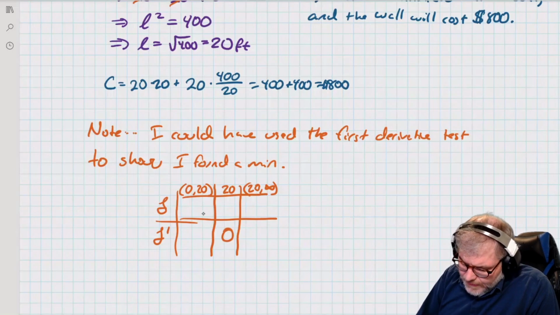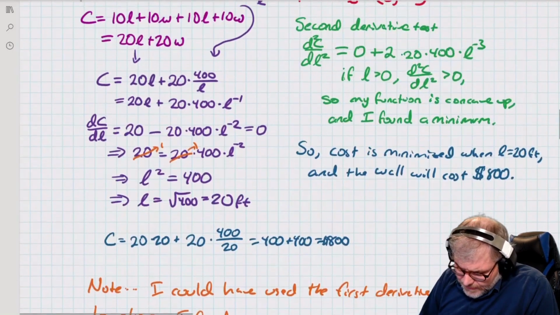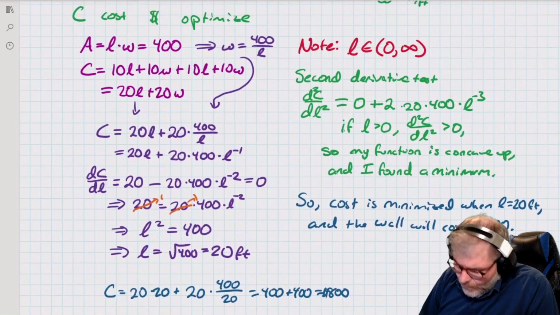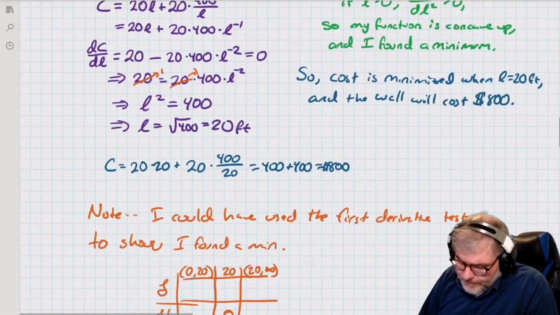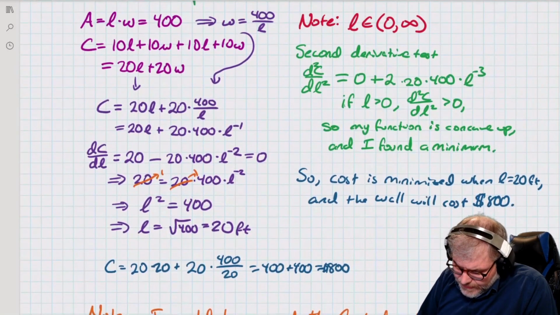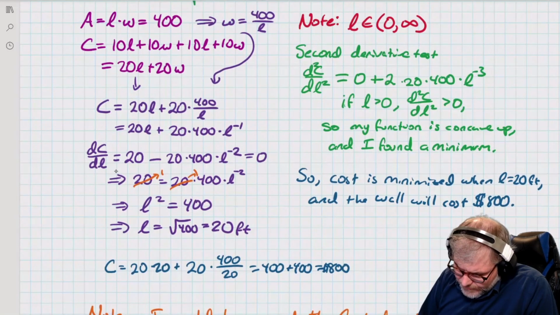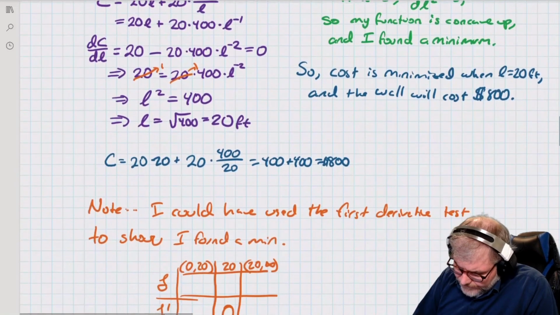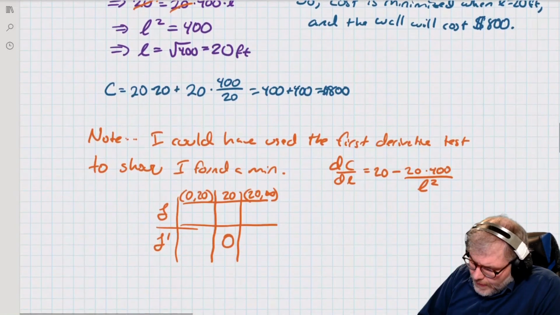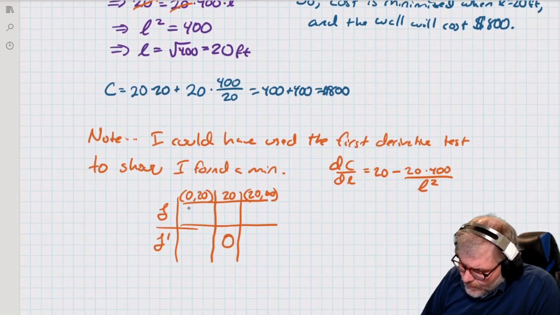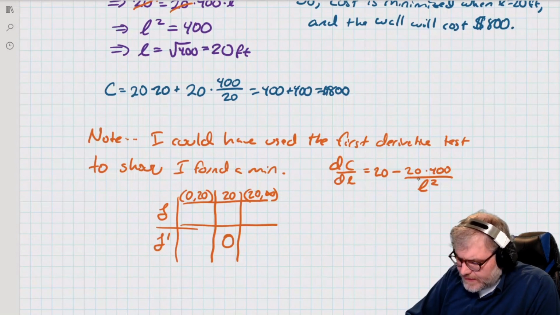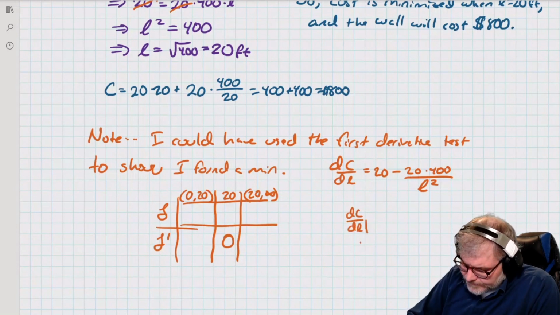Okay, so here, for C, I could throw in another number. So if I throw in, let's see, where's my derivative again? Here it is. So my derivative, if L equaled 1, I would have 20 minus this big number over 1.